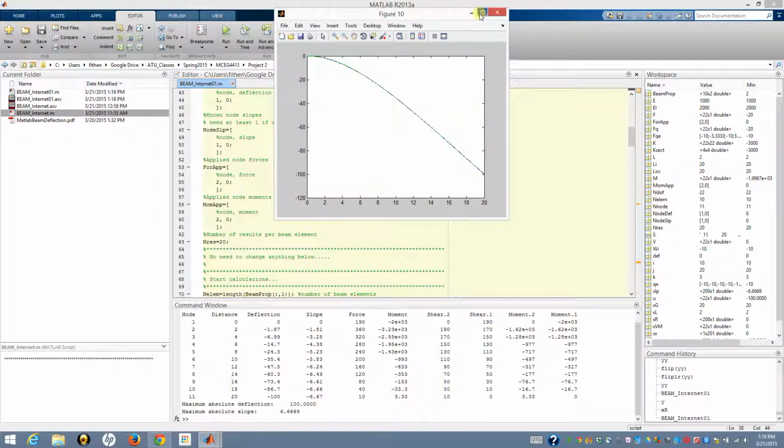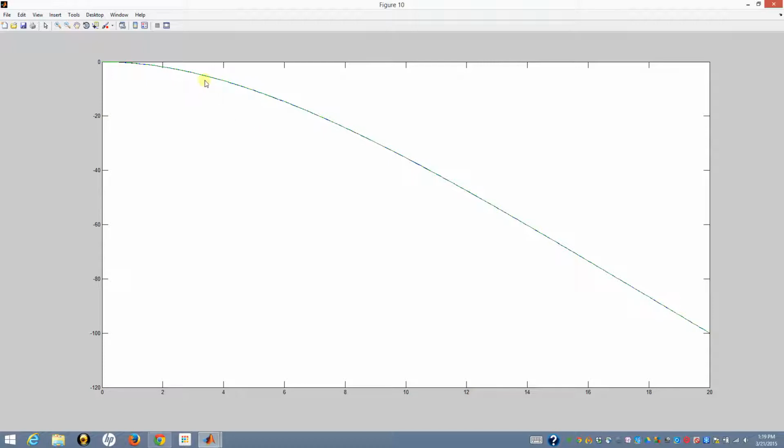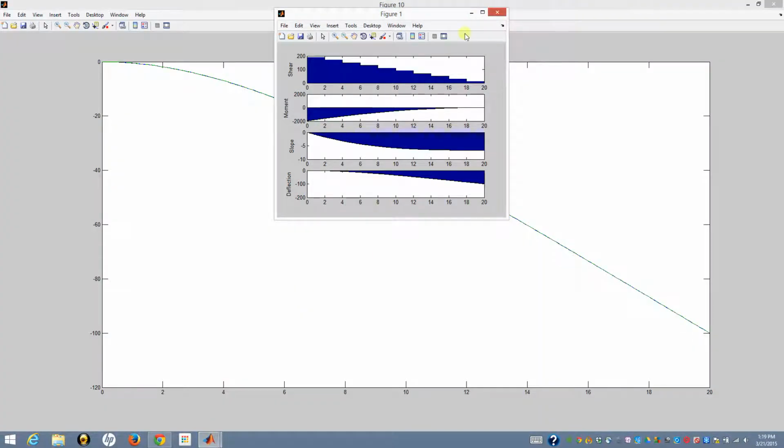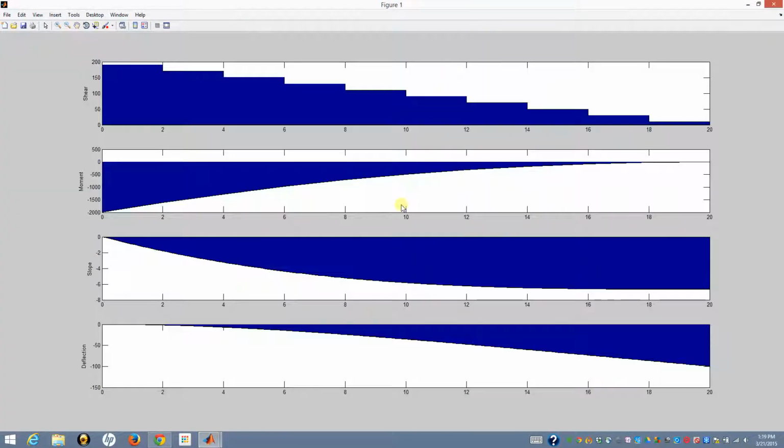Okay, what you'll notice is now the exact solution and the approximate solution are pretty close. And if you look at it, it appears as though the moment equation does do what it's supposed to do. The shear equation, though, looks choppy.